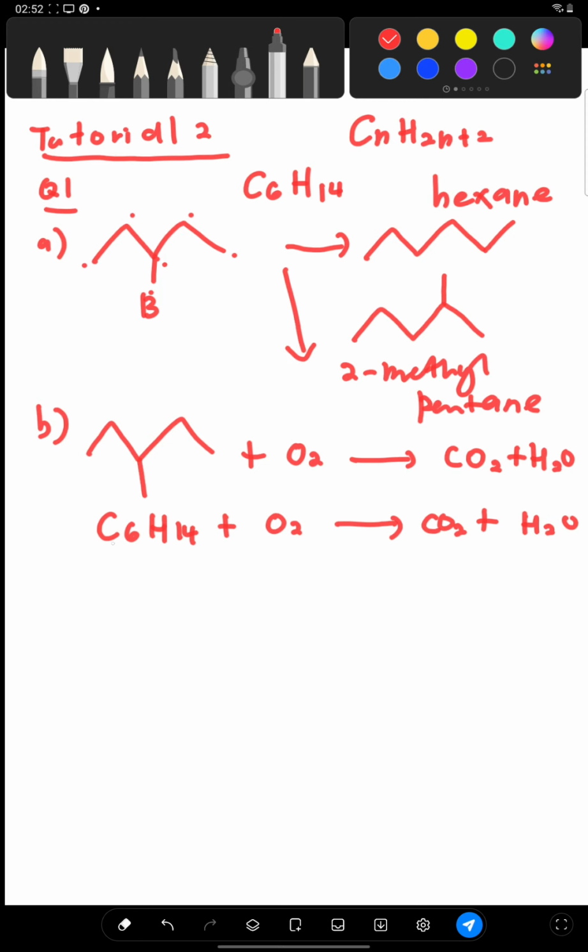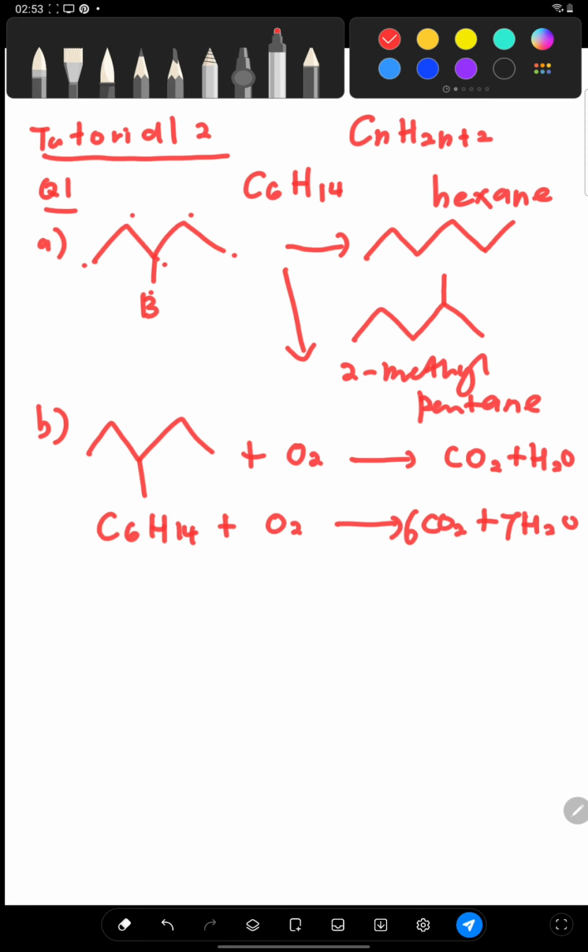Here the number of carbons is 6, so you put 6 here to balance the stoichiometry. Maybe we try to put 7, because hydrogen is 14 here, so here it should be 7.